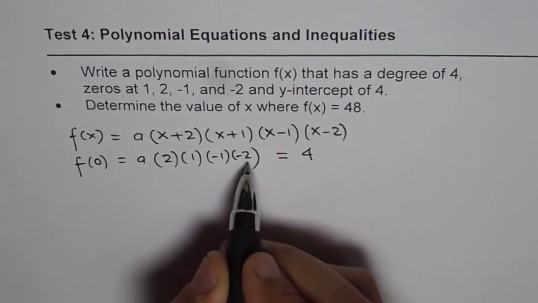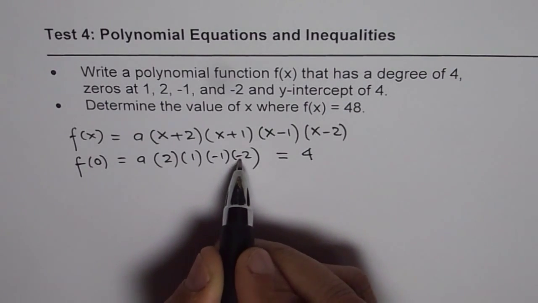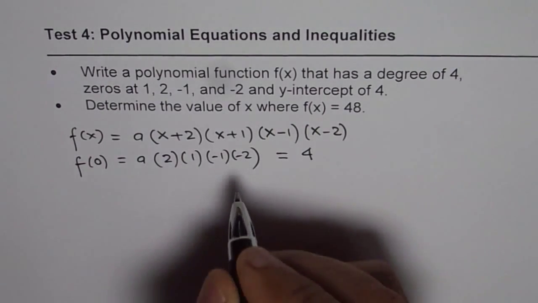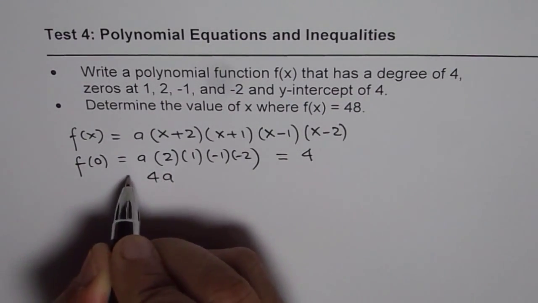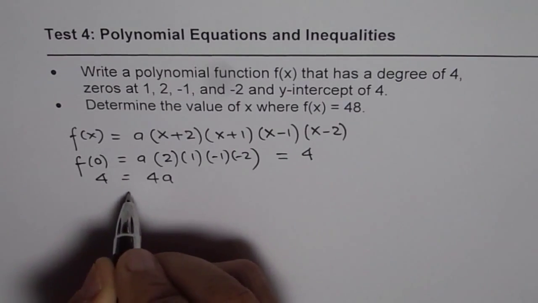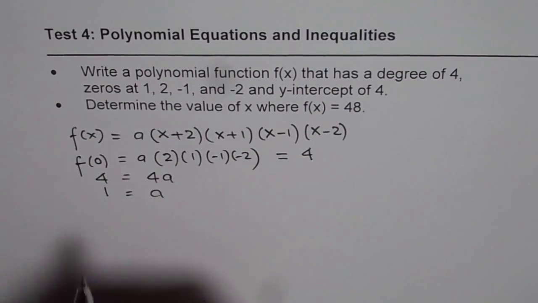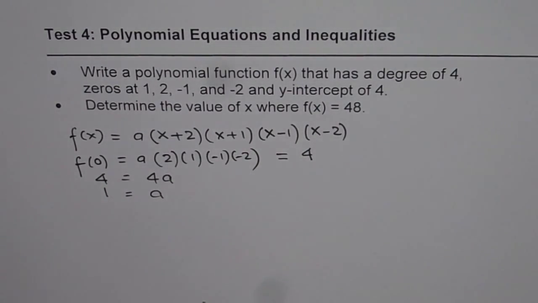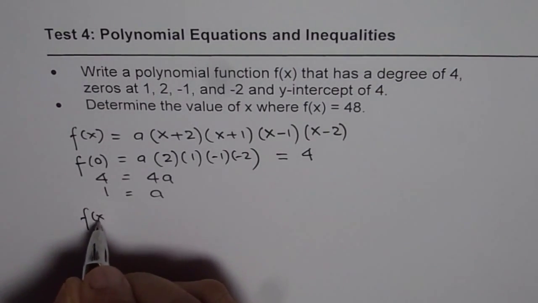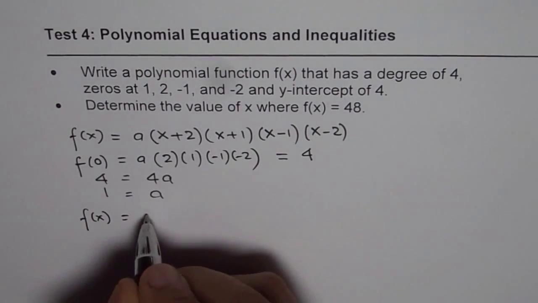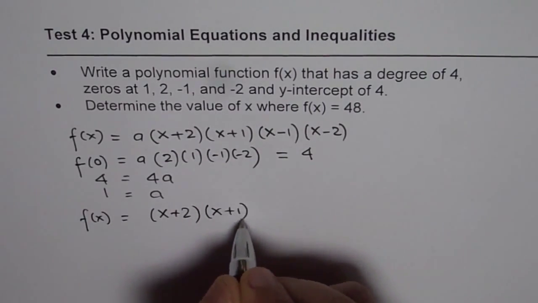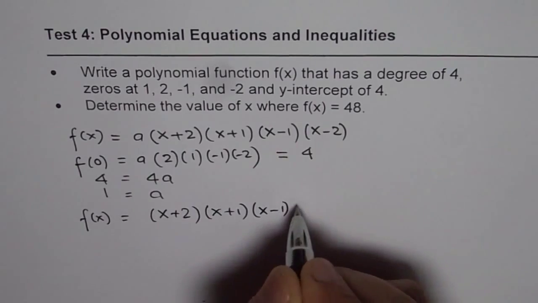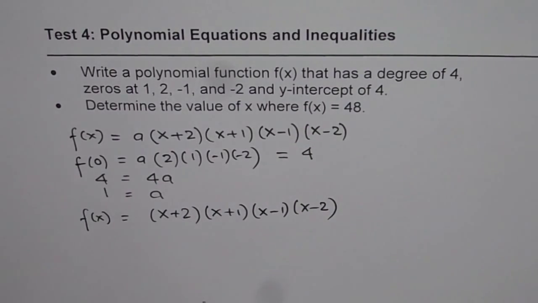When you multiply all this, minus times minus is plus, 2 times 2 is 4, so what you really get is 4a, and 4a is 4, and therefore a is equal to 1, 4 divided by 4. So we can finally write our equation as 1 times x plus 2 times x plus 1 times x minus 1 times x minus 2. So we quickly get the equation in this fashion.